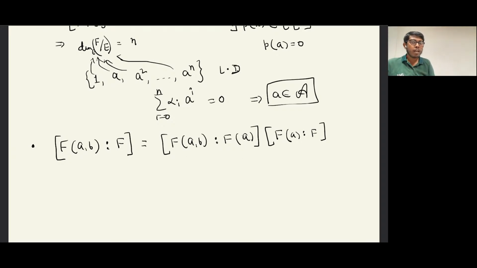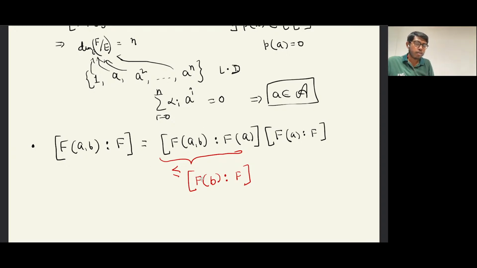And usually this thing is less than or equal to F(b) over F times F(a) over F.